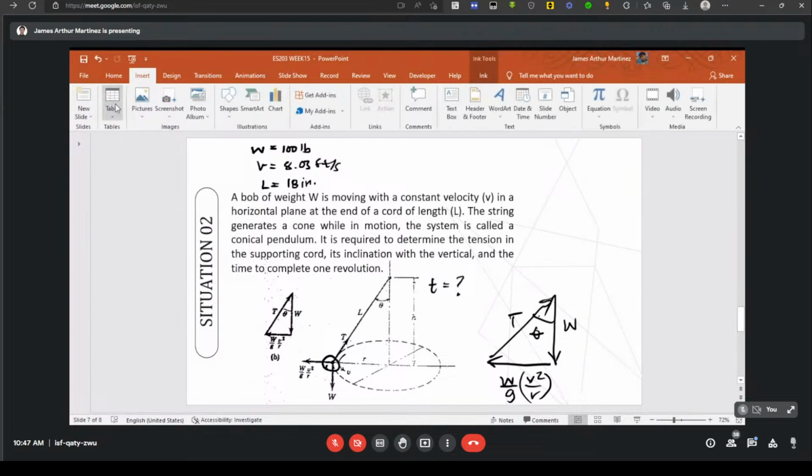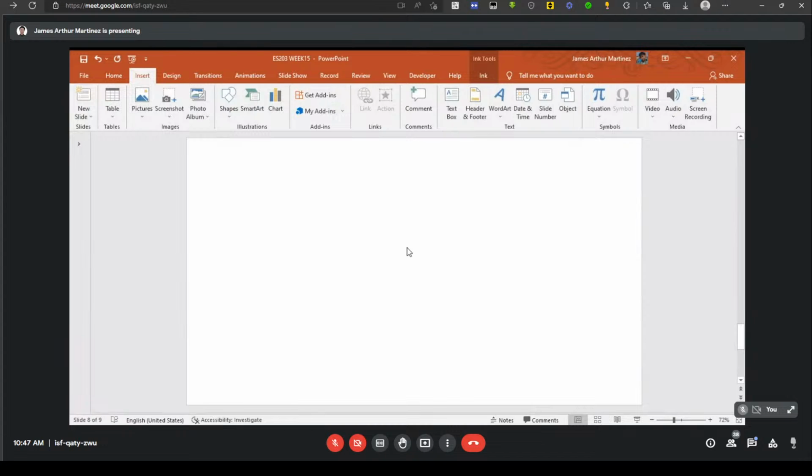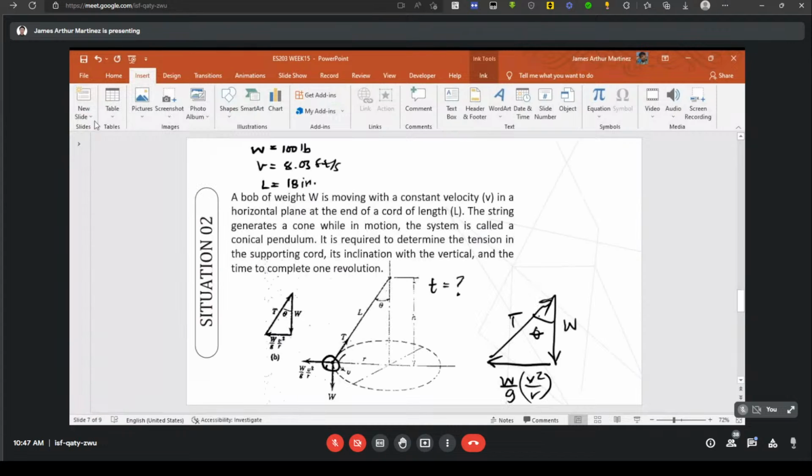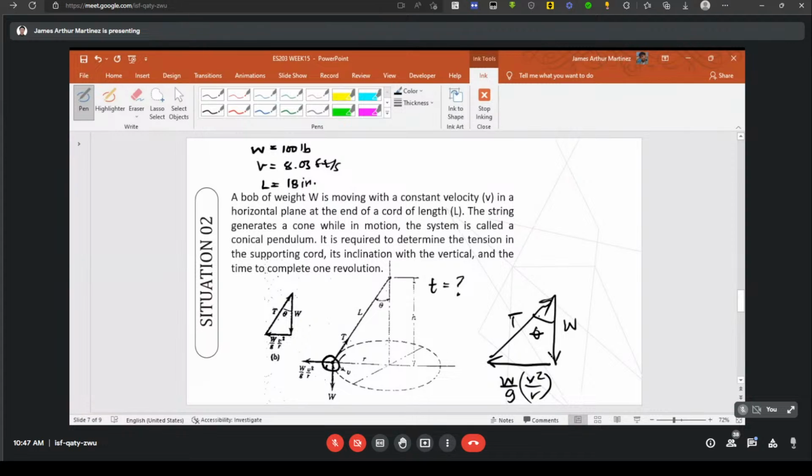If we are to relate the angle of inclination, we don't have data for T, which is one of the objectives of this problem. So we relate the opposite and adjacent sides of the angle of inclination, since W is given, we also have g since that is constant, and velocity is given also.